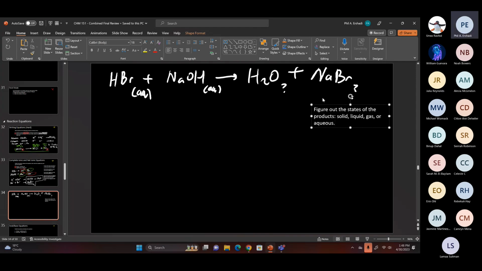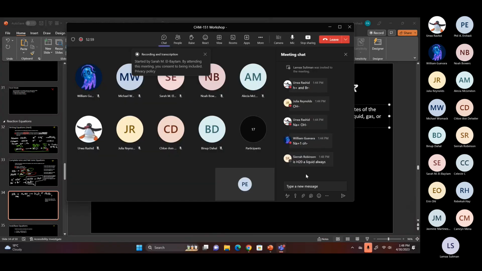Let me first throw this to the chat. How about water? Do you figure that's solid, liquid, gas, or aqueous? Yeah, you're right. In most cases, water will be a liquid. Unless you're boiling it, then it's a gas. But most of the time, it's going to be liquid.